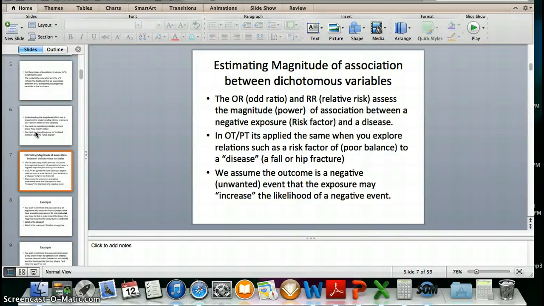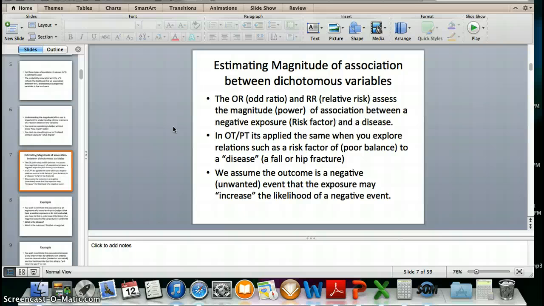So when you're estimating the magnitude between dichotomous variables, you can use OR, which is odds ratio, and you can also use RR, relative risk, to assess the magnitude of association between a negative exposure, which is the risk factor, and disease.